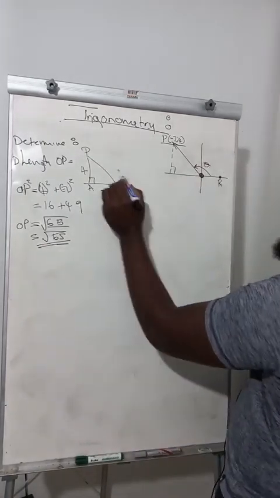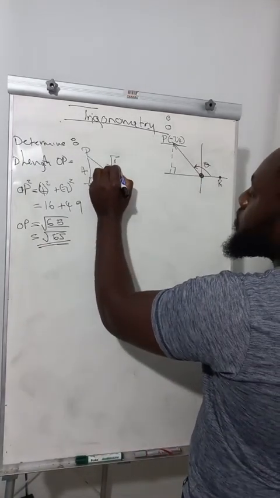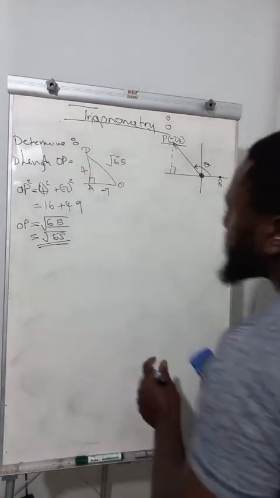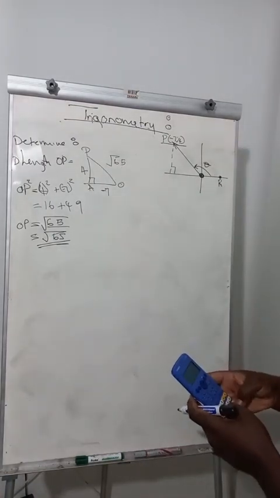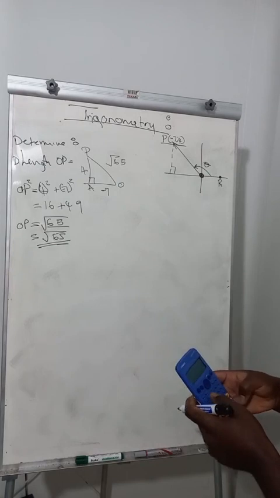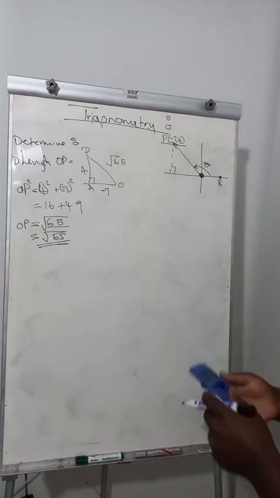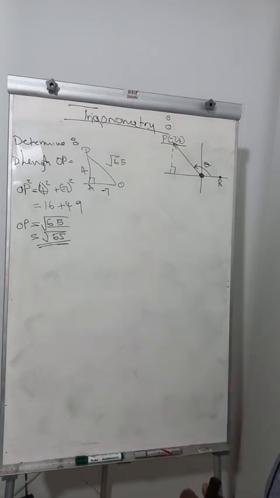Let me just confirm what I just wrote here, 7 squared. Yes, it will just be the square root of 65.